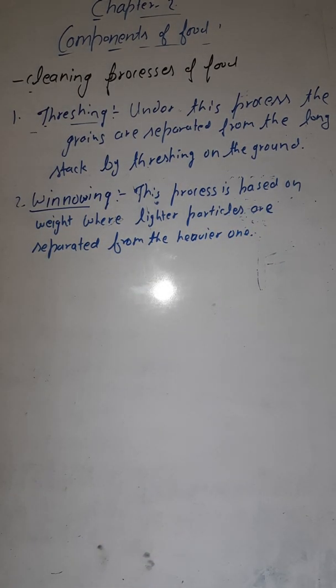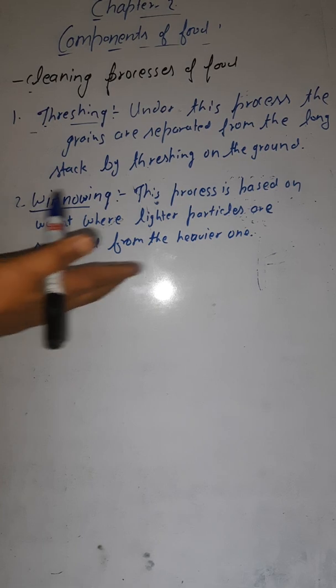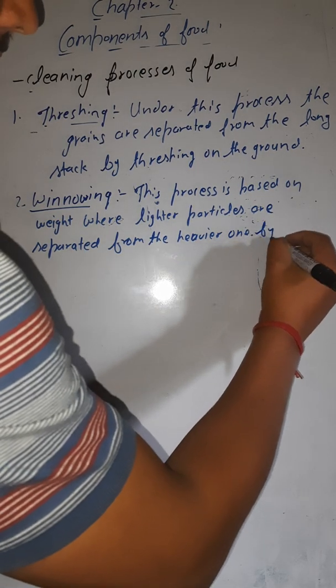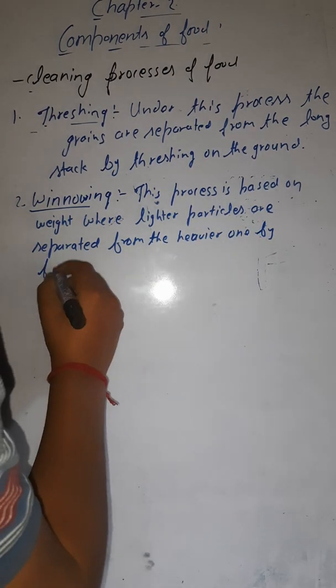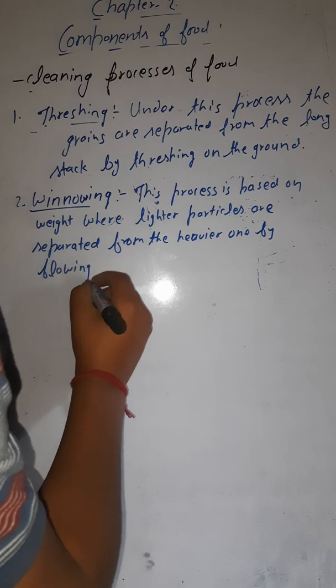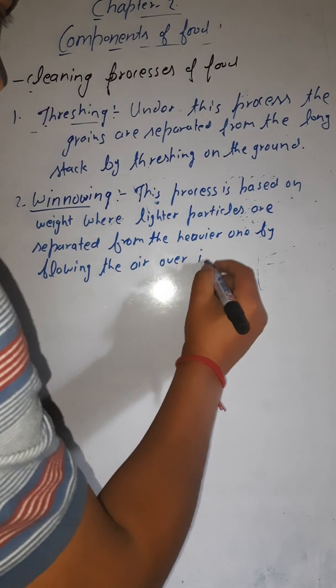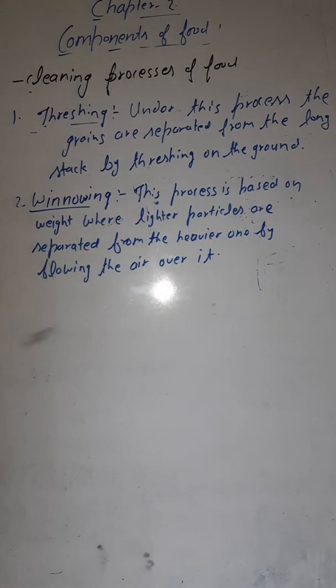How do we do this? By blowing the air over it. So this process is called the winnowing process.